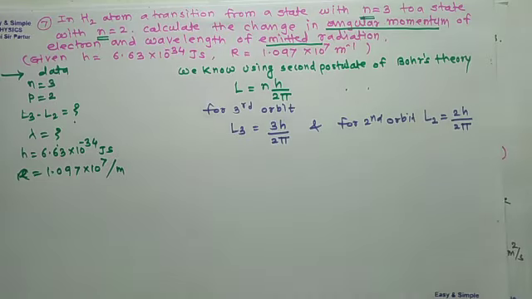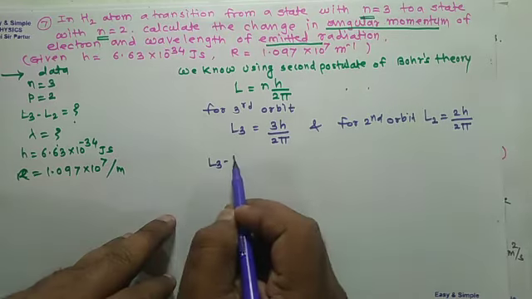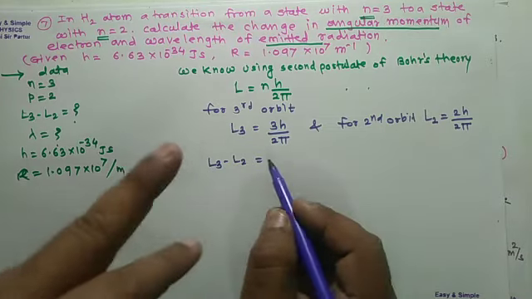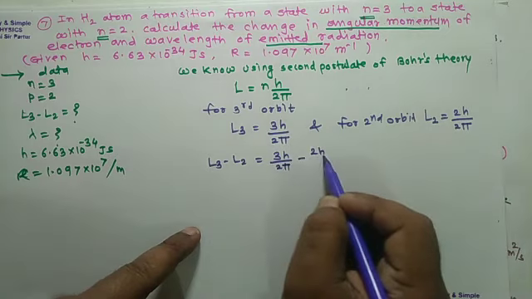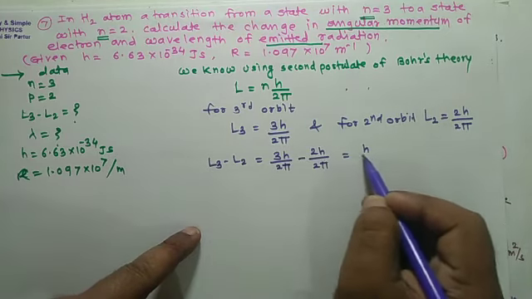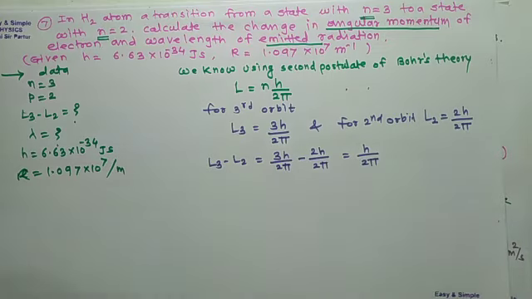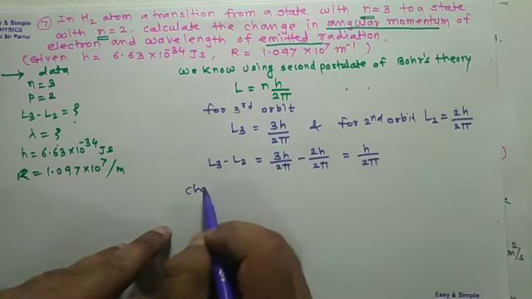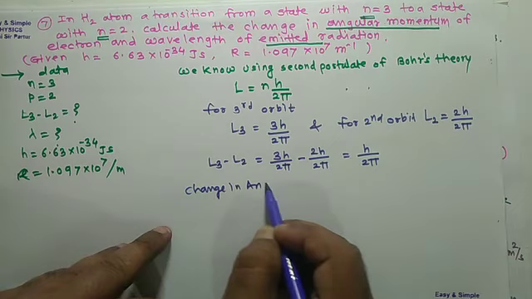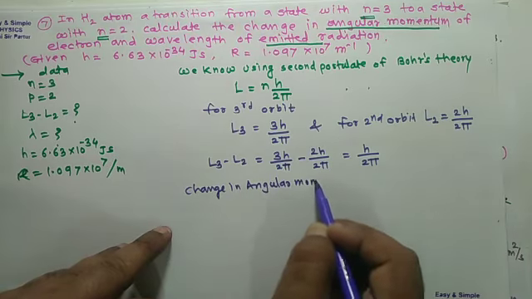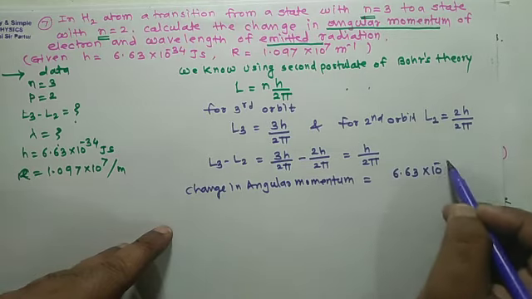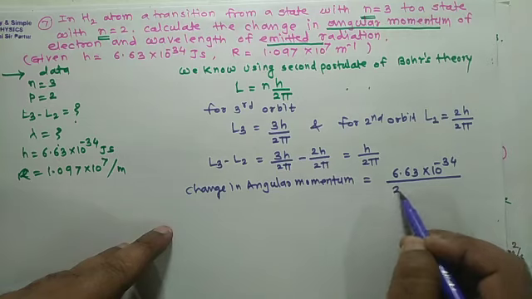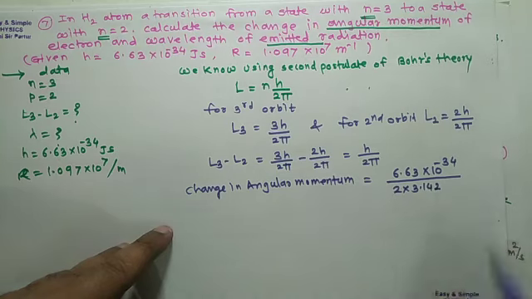See here, L3 minus L2, that is the change in angular momentum, will be 3h upon 2 pi minus 2h upon 2 pi, will be h upon 2 pi. If we substitute the value of h, the change in angular momentum will be 6.63 into 10 raised to minus 34 divided by 2 into 3.142.